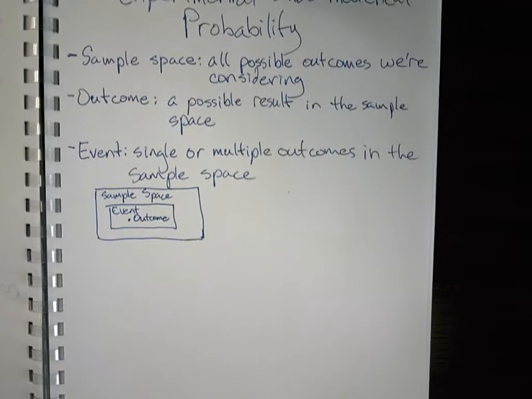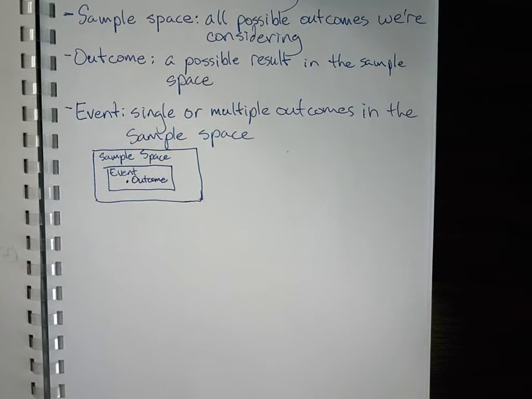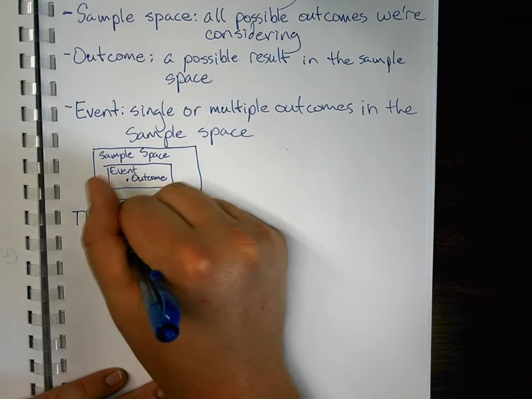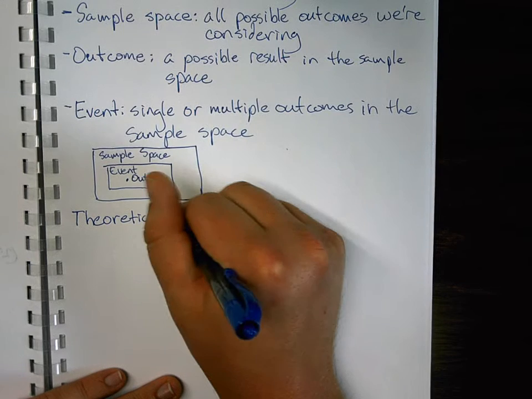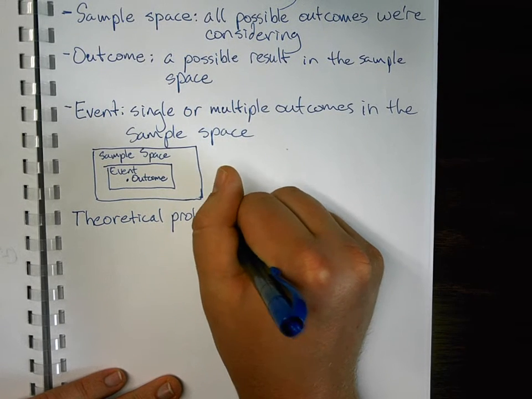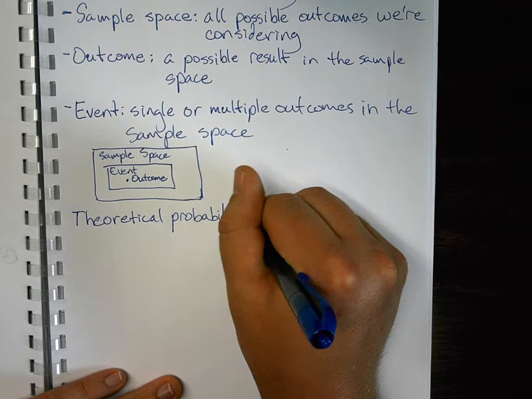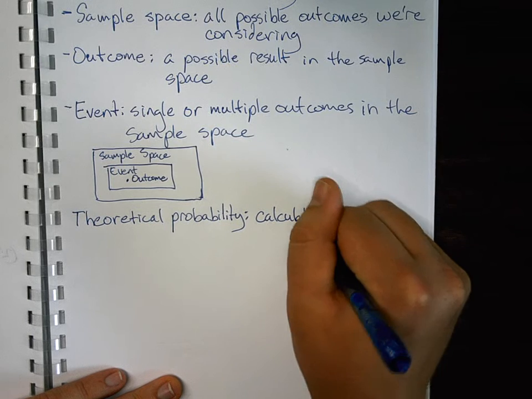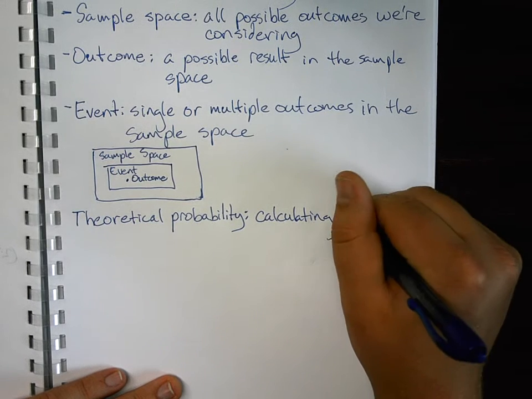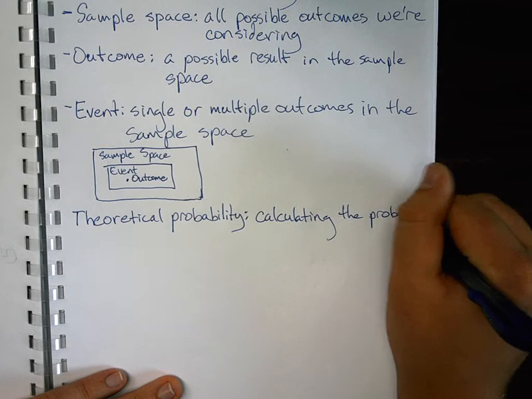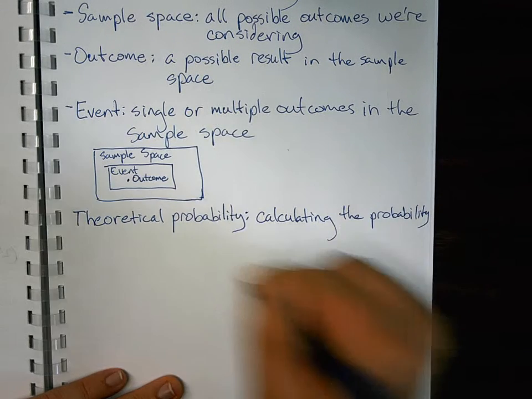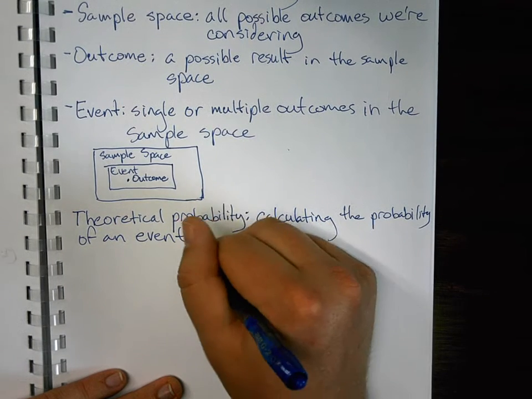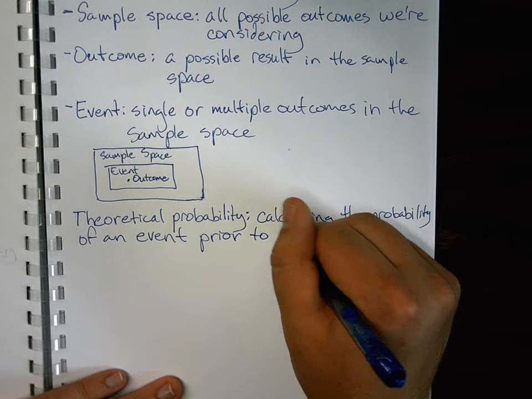Okay, so with those terms under our belt, we can move on to the 2 types of probability we'll be thinking about today. So the first is theoretical probability. And this is just calculating the probability of an event prior to experimentation.